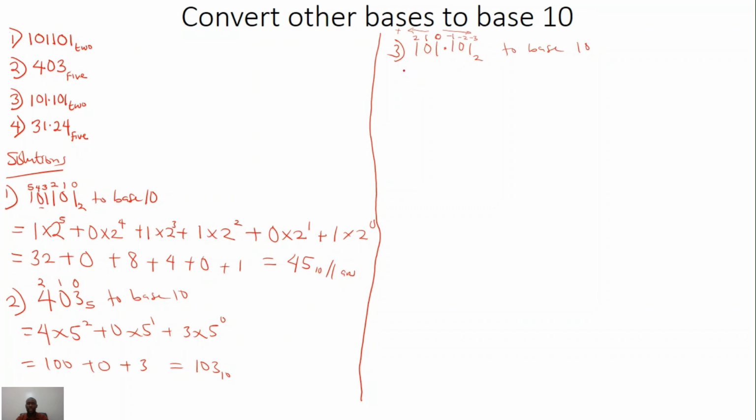This will be equals to, the next step is to multiply each of the digits with the base raised to power of the number of its position.